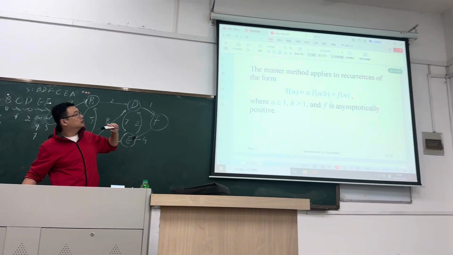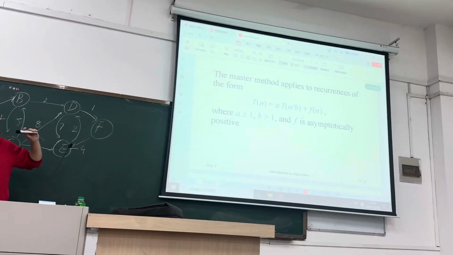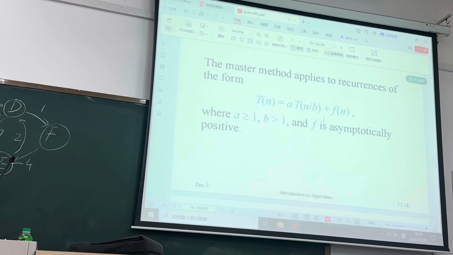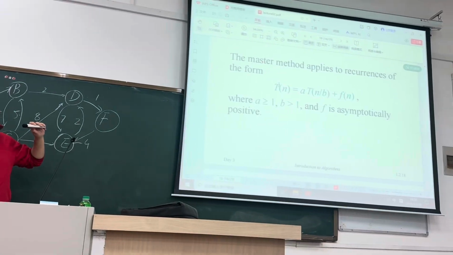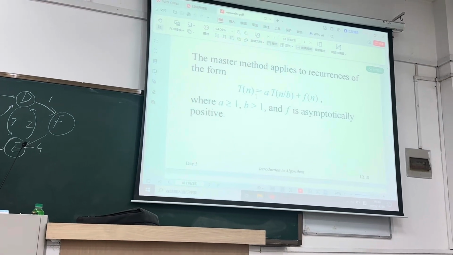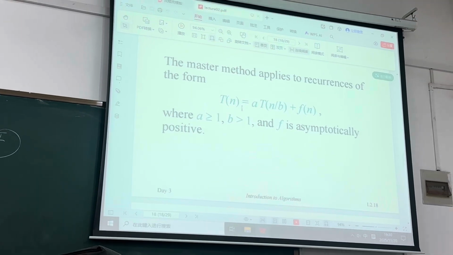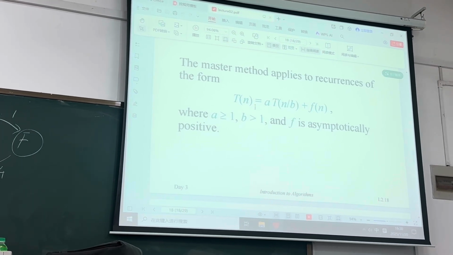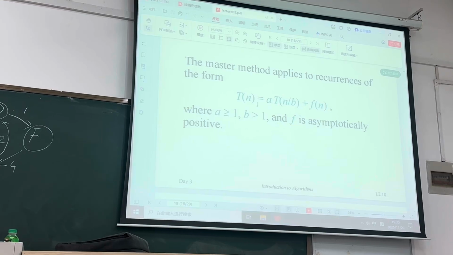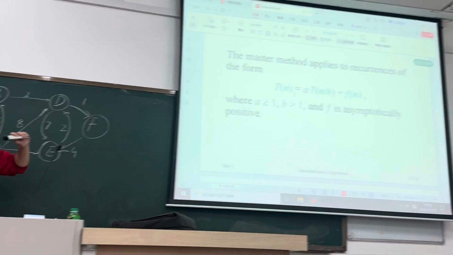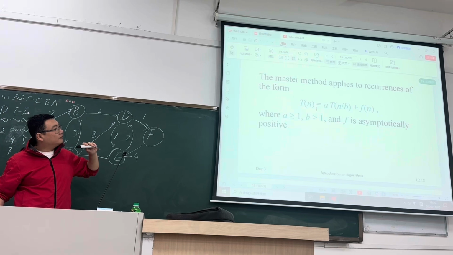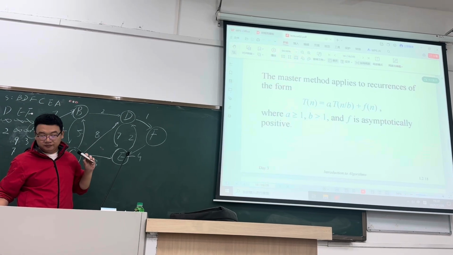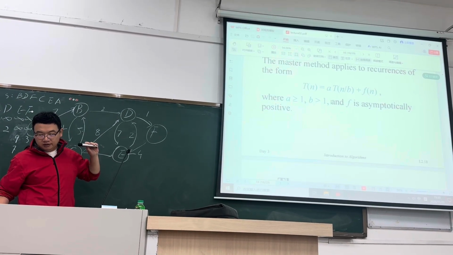So master method is like, if any recursion is in this form, it can be written as T(n) equals a times T(n/b) plus f(n), and a is bigger than 1, b is bigger than 1, and f is a positive number.